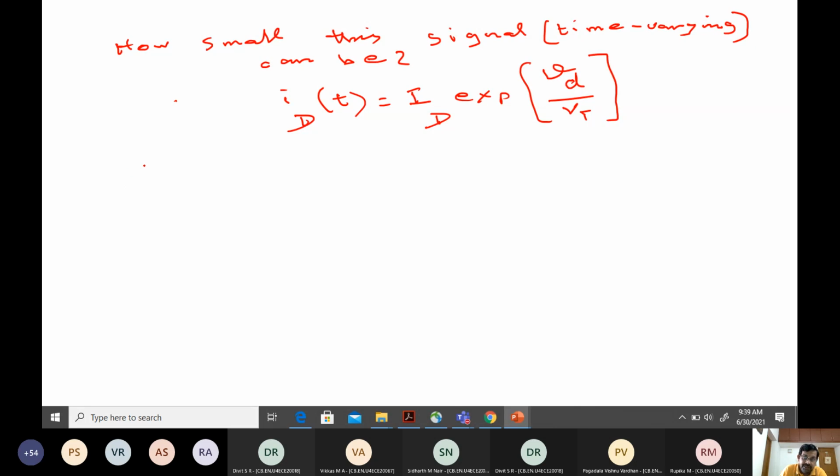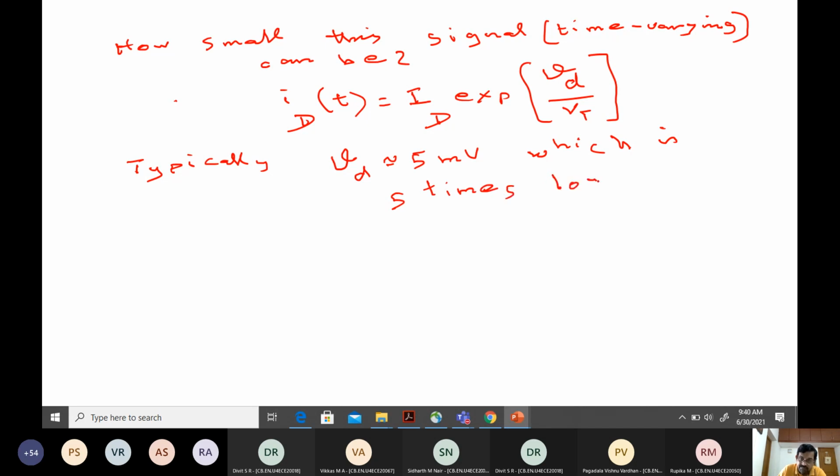Typically, v_d can be somewhere around 5 millivolt, or anything less than this 5 millivolt, which is nearly 5 times lower than the V_t value at room temperature.